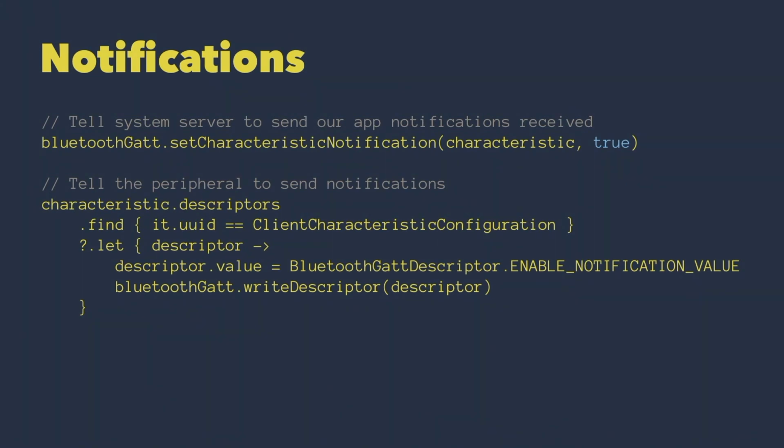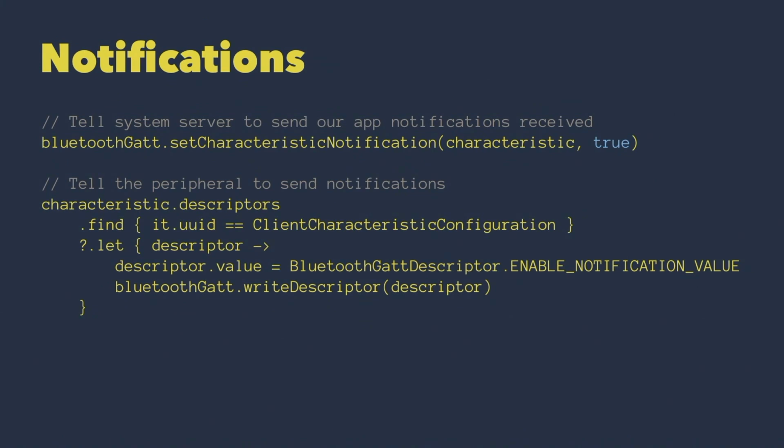This does not enable notifications on the peripheral. All it does is tell the system service that your app is interested in notifications pushed by the peripheral to be delivered to your app so that you get the on characteristic changed. That's just the setup between you and the system, not the peripheral itself.